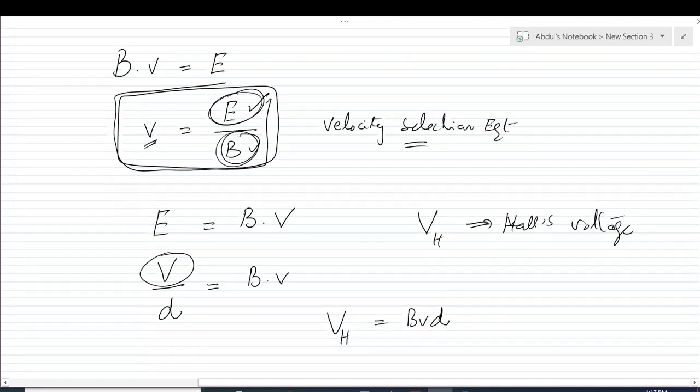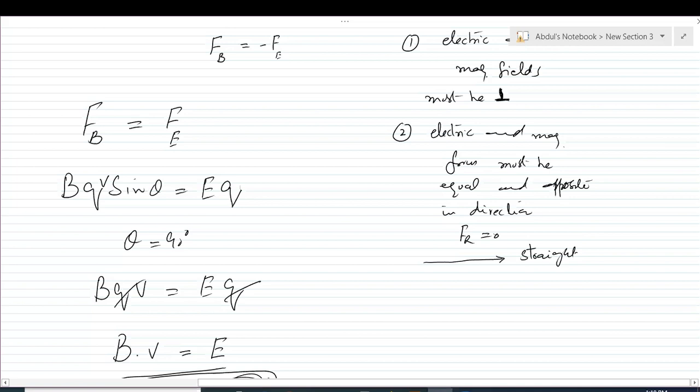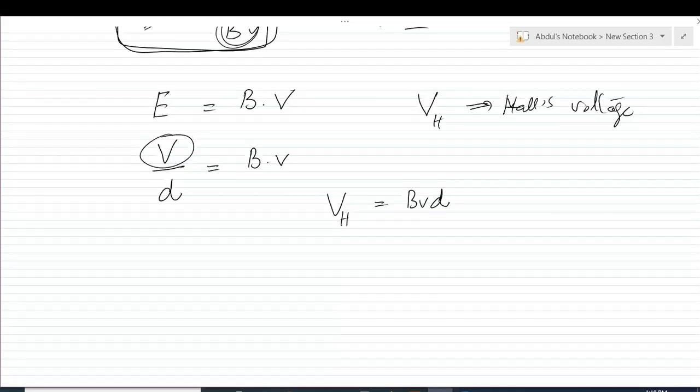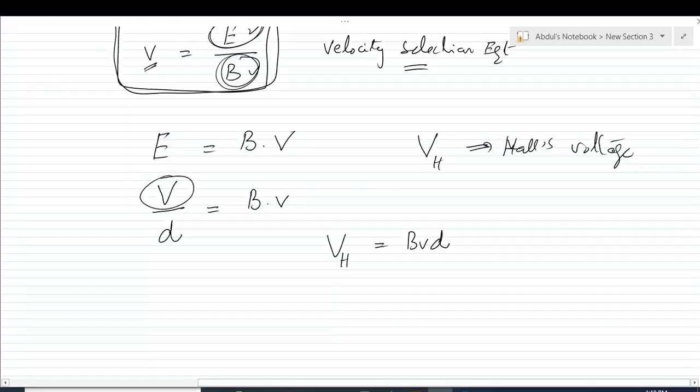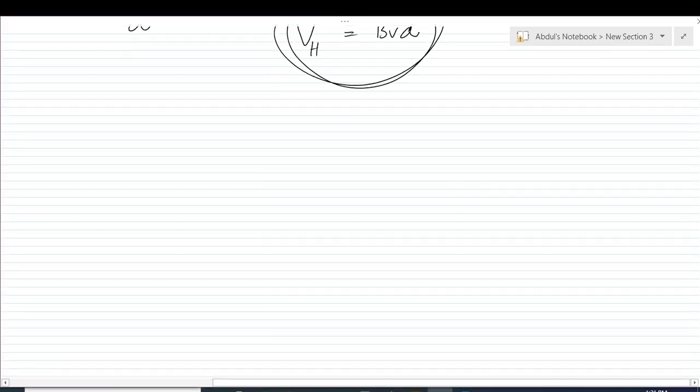B is the magnetic field strength in Tesla, V is the speed with which the particle enters perpendicularly, and D is the distance between these two plates, the gap between the positive and the negative plate. So Hall's voltage is equal to BVD. Now, this is very, very important for calculations. Okay, now the application of Hall's effect.